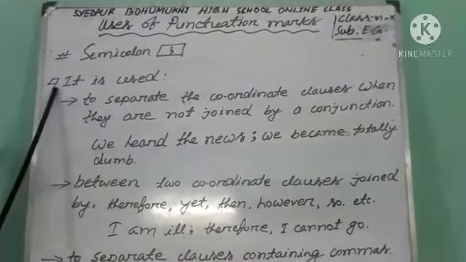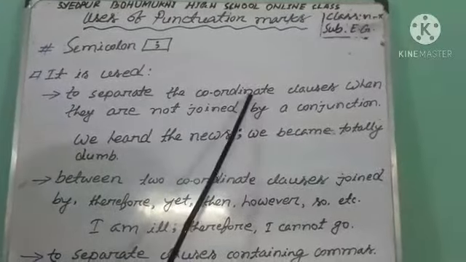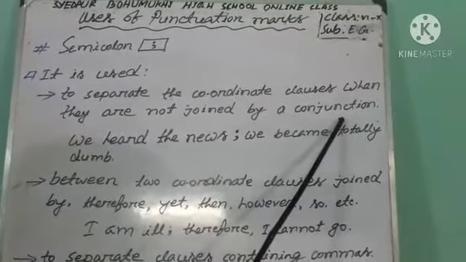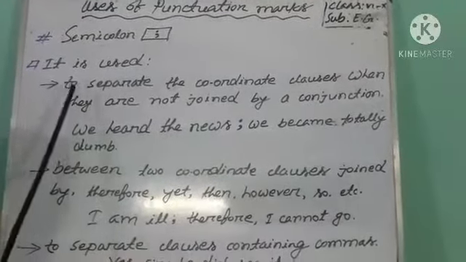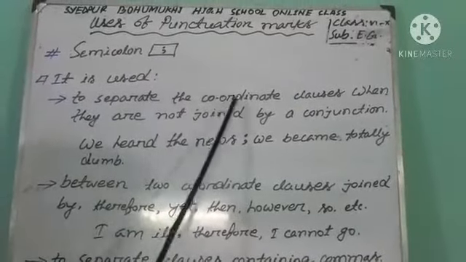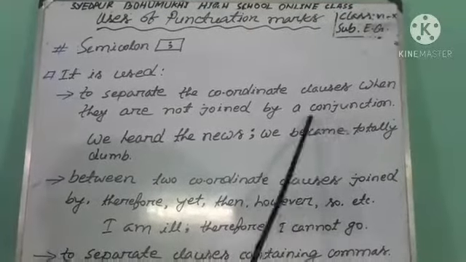Look, when we use a semicolon in a sentence, first, it is used to separate coordinate clauses when they are not joined by a conjunction.